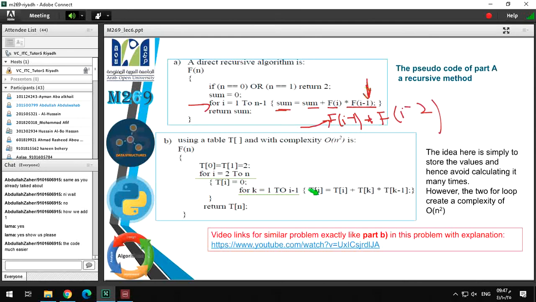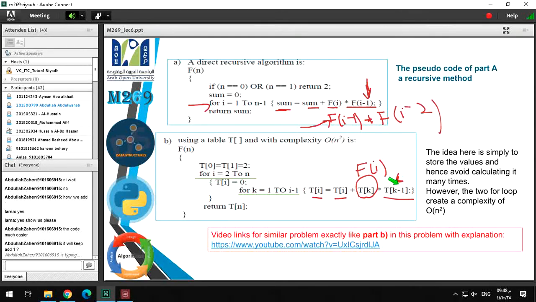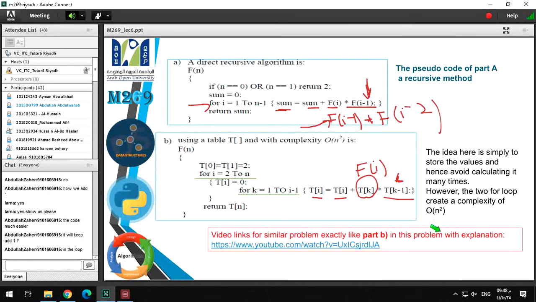So can you see what's going on here? T(i) equals T(i) plus T(k), this is the f(i) previously calculated, so you don't need to calculate it again, multiplied by T(n minus k). So here, if you manage to do this, then the two for loops will create a complexity of n squared.